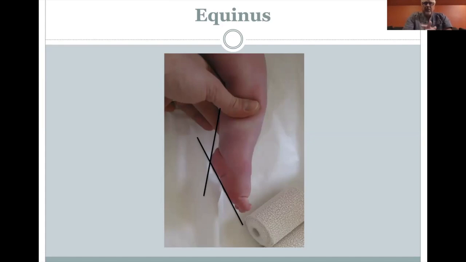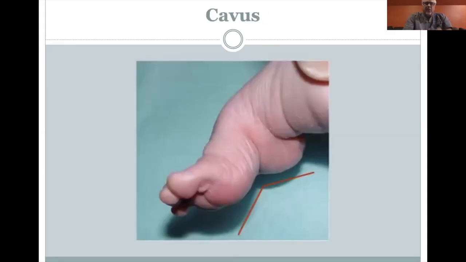There's a cavus deformity, which is a really complicated component to understand. The forefoot is actually pronated relative to the hindfoot, and when we start talking about the initial treatment with the Ponseti method, this becomes a really critical concept to understand.